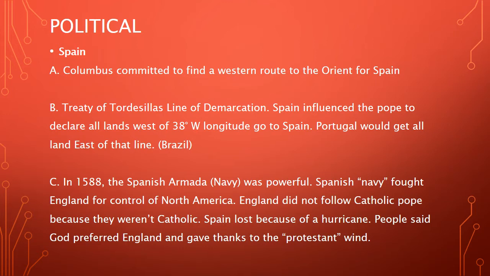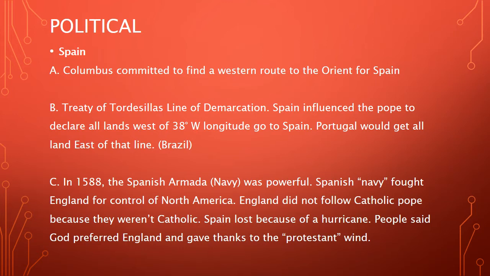He wanted to find a western route to the Orient, or maybe like China, and India and things like that. They called it the Orient back then. We still do, but not as much. And he wanted to find a western route by sea for Spain. So he's trying to travel around the world, and by doing that, hoping to get to China, basically.